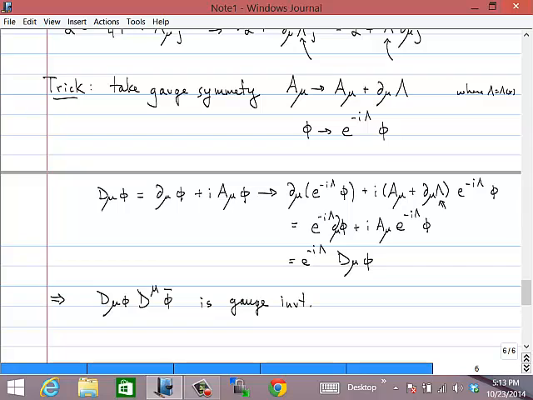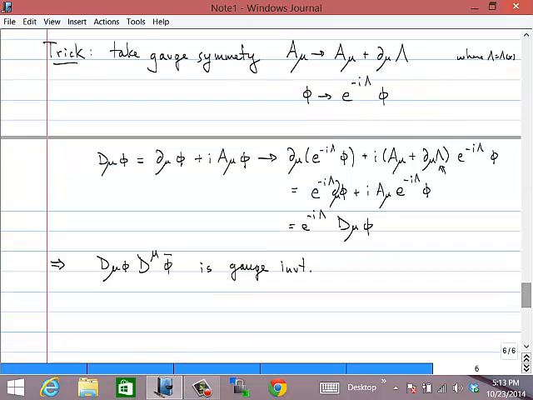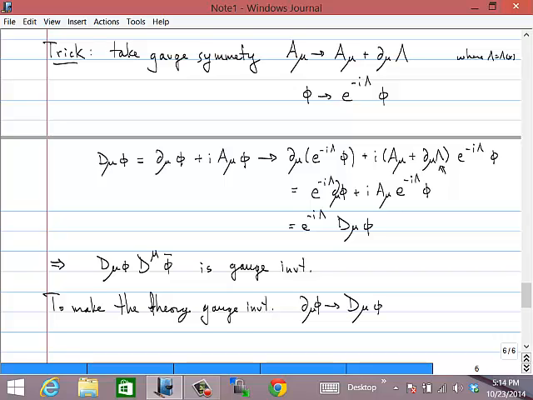So if you want to write down the coupling of this charged scalar field to electromagnetism, all you need to do is take all of the derivatives of phi that appear in the action and replace them by these covariant derivatives, capital D mu. So to make the theory gauge invariant, everywhere you see a regular derivative of phi, you replace it with a covariant derivative.